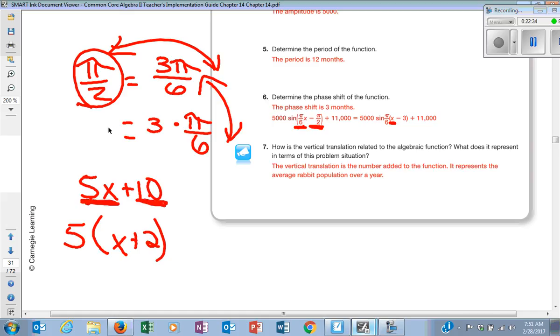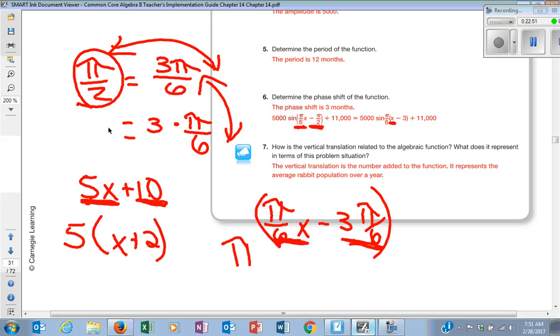What are we doing right here? We're saying this is pi over 6 x minus 3 pi over 6. What do both of these guys have in them? They have a pi over 6. So I factor out the pi over 6. What am I left with? I'm left with an x minus 3, which then is able to show that you have 3 months as the phase shift.